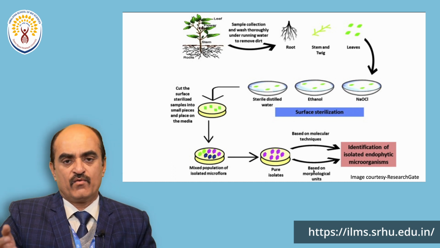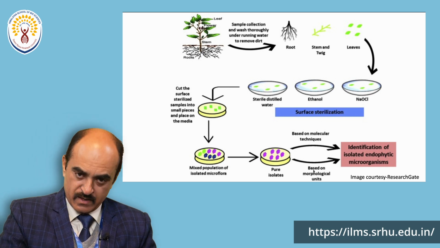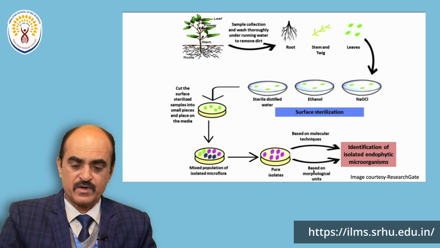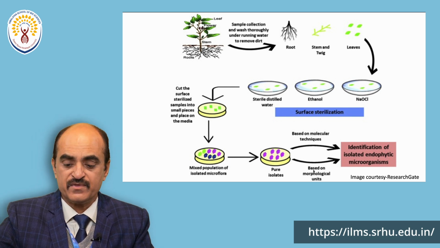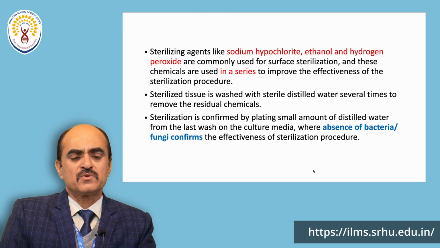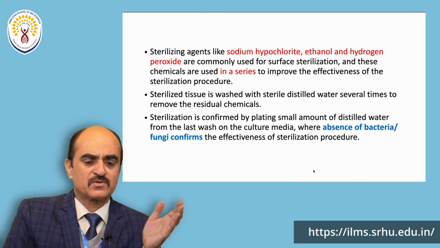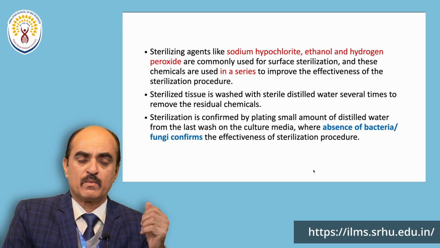Then once you have seen the microorganisms, you have to isolate them, purify them, identify them, and you can keep them after testing if they have some potential plant growth promoting attributes.